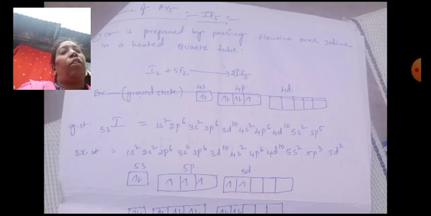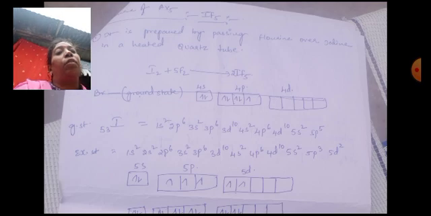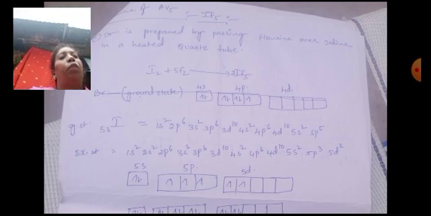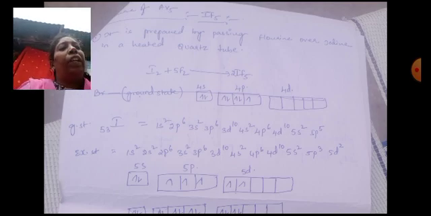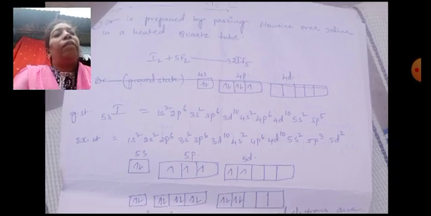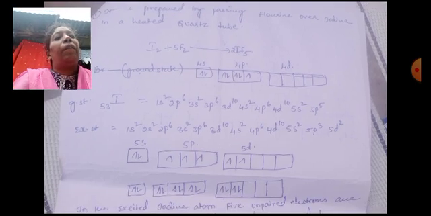You can see the electronic configuration: 1s2, 2s2, 2p6, 3s2, 3p6, 3d10, 4s2, 4p6, 4d10, 5s2, 5p5. This is about the electronic configuration. Coming to the excited state, 5s2, 5p5 is there.